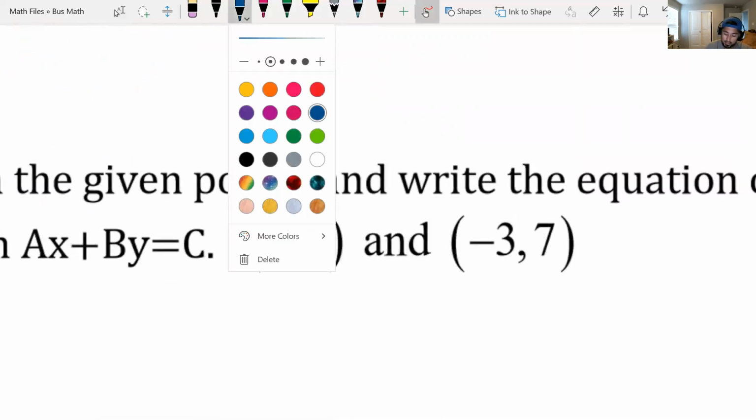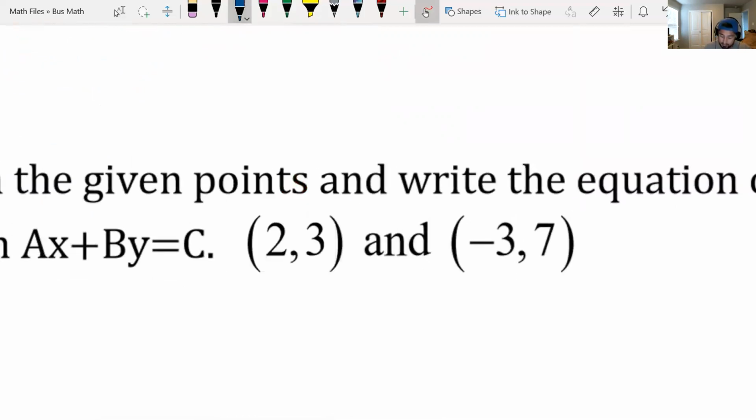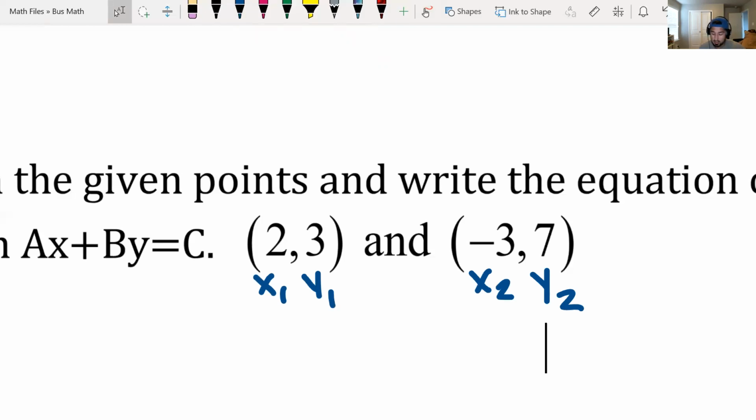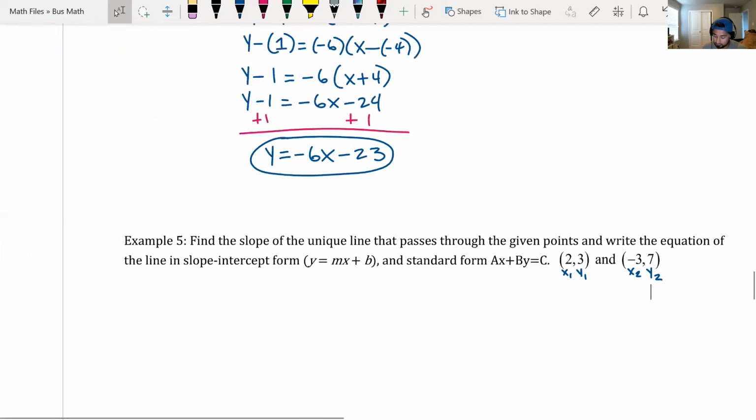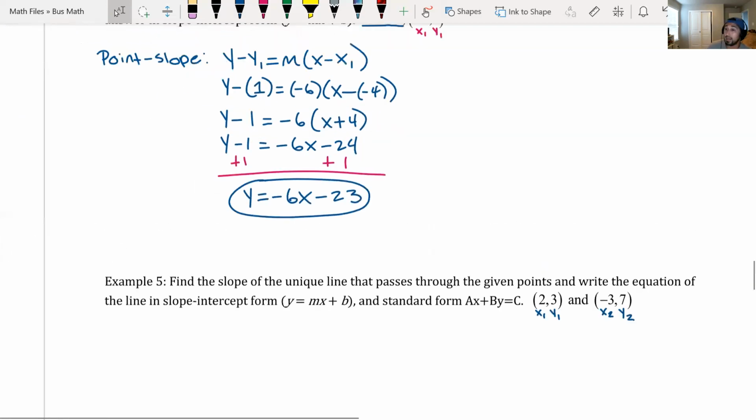So, like I do always, label everything. 2, 3 is going to be x1, y1. Negative 3, 7, x2, y2. And now the first thing on our list is going to be finding the slope.